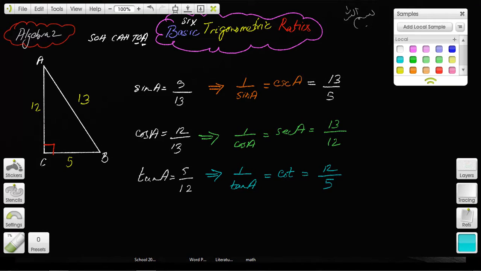Okay, so now look, as I said, if this one starts with S, this one is cosecant. Sine, cosecant. Cosine, secant. Tangent, of course, cotangent. That makes sense. So these are complementary. And also, these are the 6 basic trigonometric ratios.